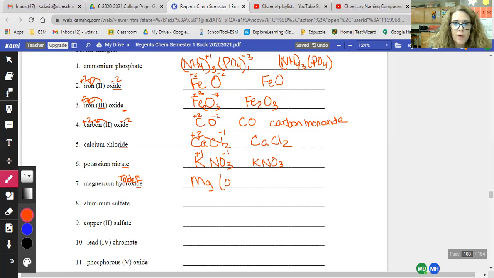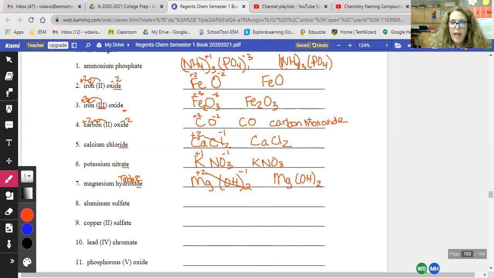So then this is going to be the OH from table E. From the periodic table, the charge of magnesium is +2. And from table E, the hydroxide is going to be a -1. And I put that in parentheses because when I crisscross, I need to put this on the outside of the parentheses. So I have Mg(OH) subscript 2 because I have 2 hydroxide groups.